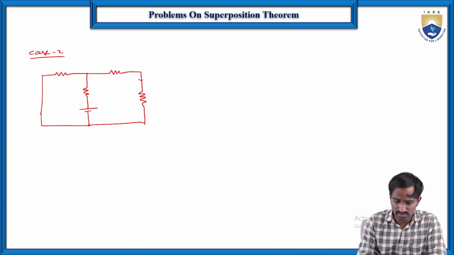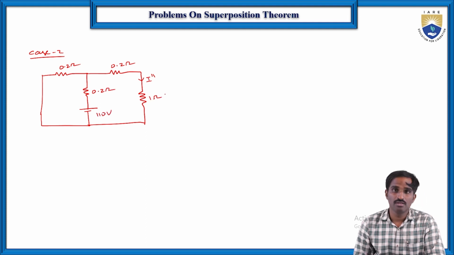In this case, let us consider it is I double dash, right? So here it is 0.2 ohms, 0.2 ohms, and again 0.2 ohms, and this is 110 volts, and here it is again 1 ohm. So in this circuit now we need to find the current flowing through this 1 ohm again.